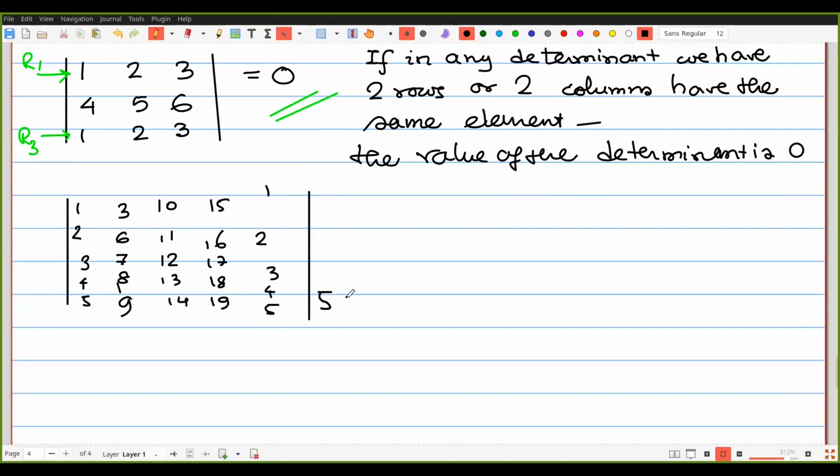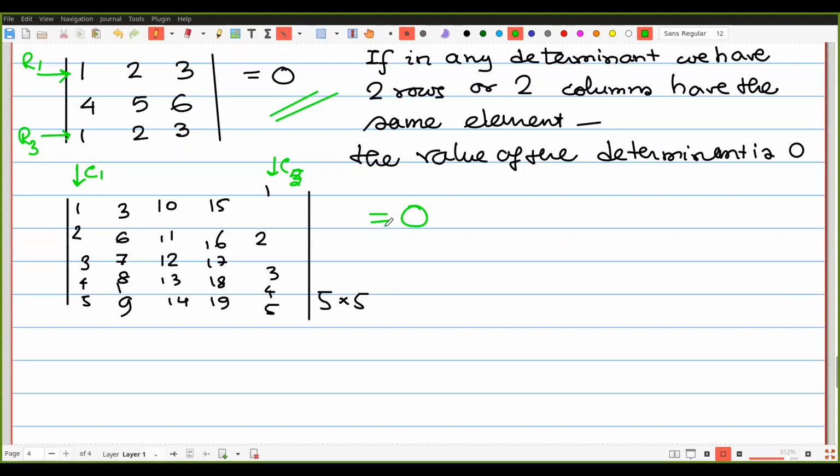That is a 5 cross 5. But here we can check column 1 and column 5 both have the same elements. So it has the determinant value 0.